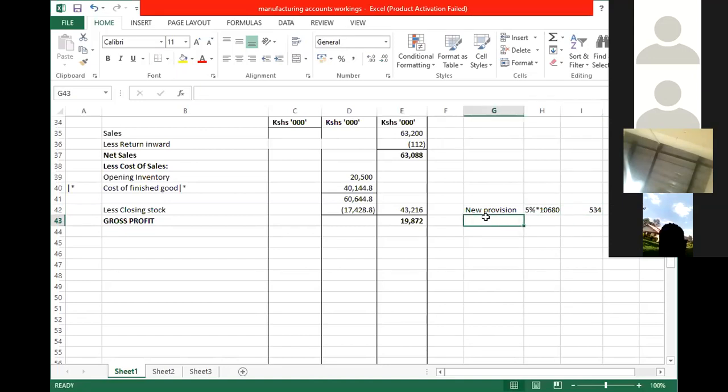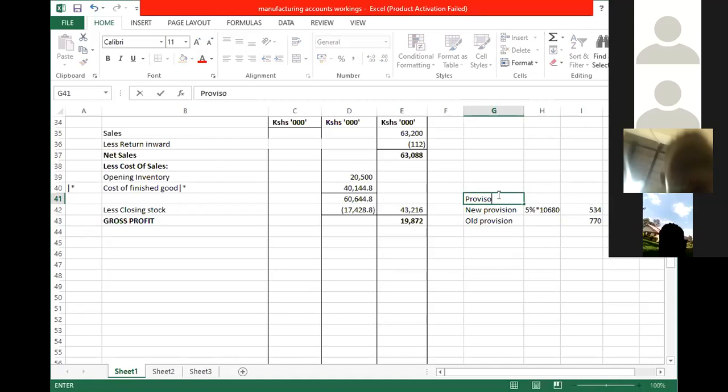What about the old provision or the current provision? Old provisions were at what figure? You should be able to get it from the TB. Allowance for doubtful debts was 770. Do you see that? Thank you, keep quiet. This is provisions we are dealing with.